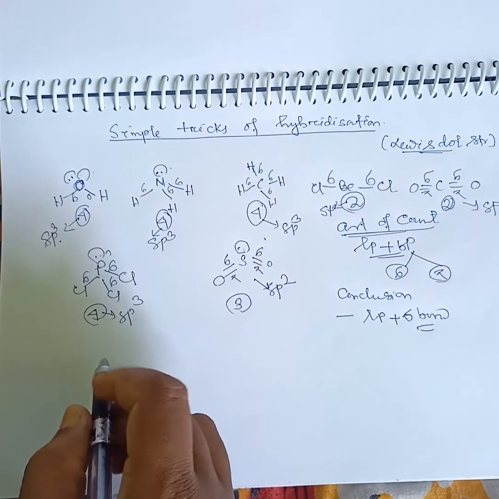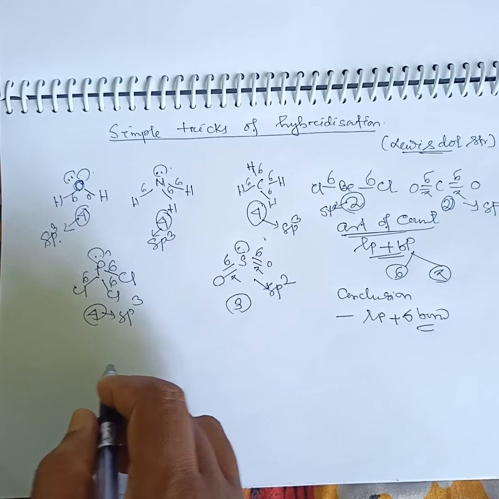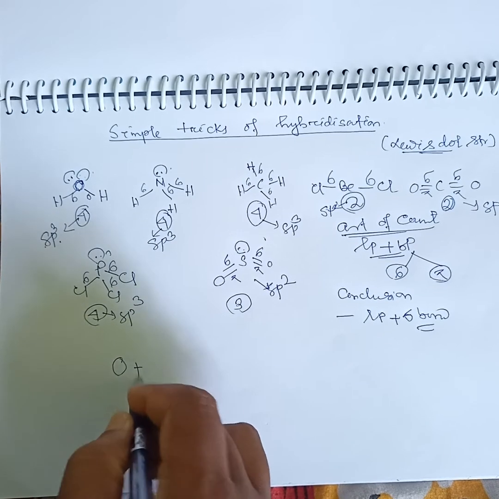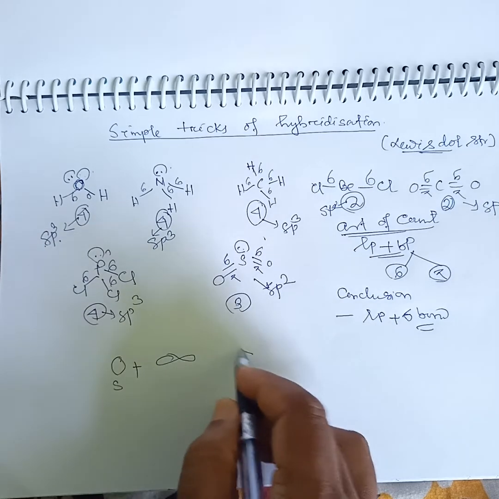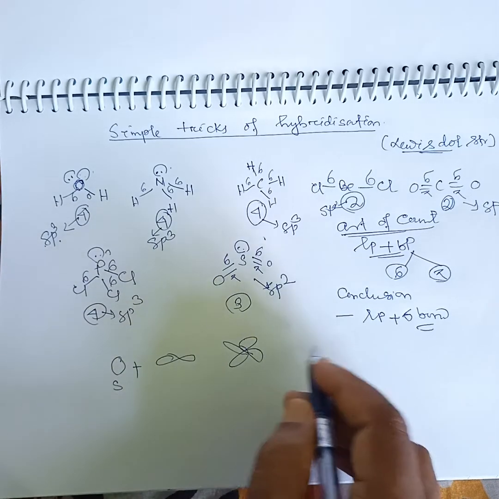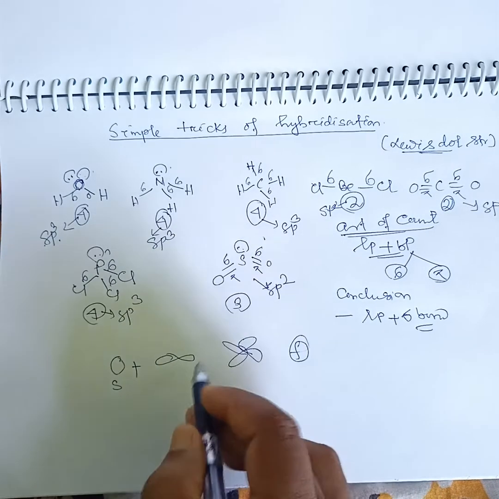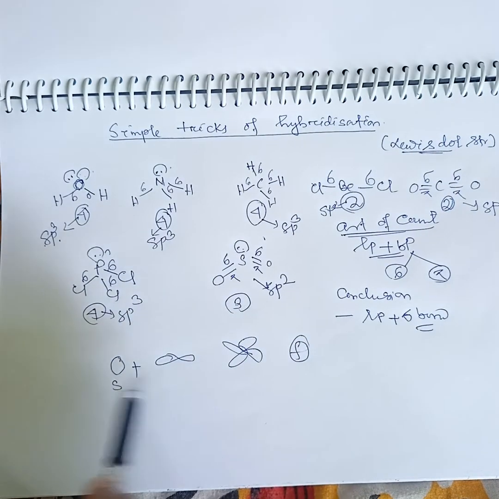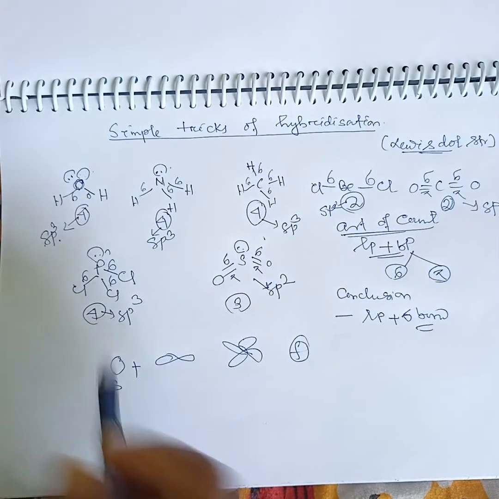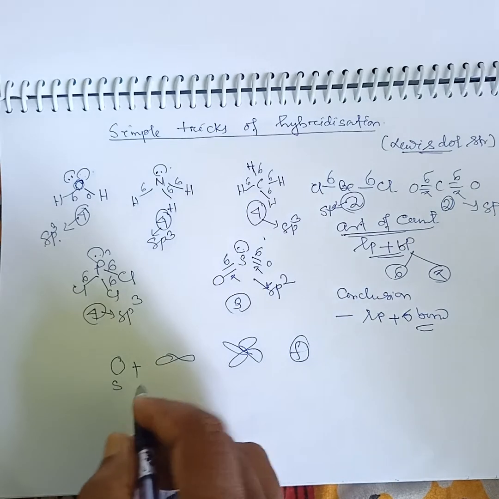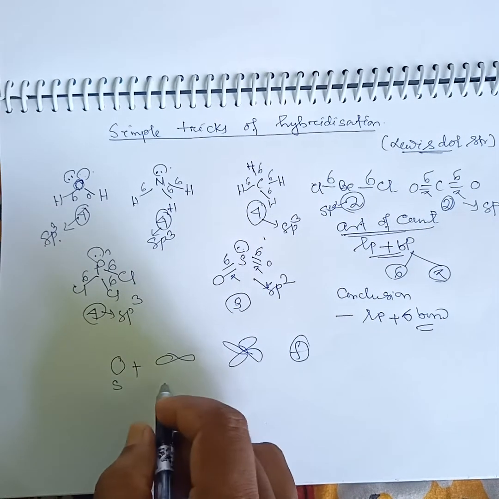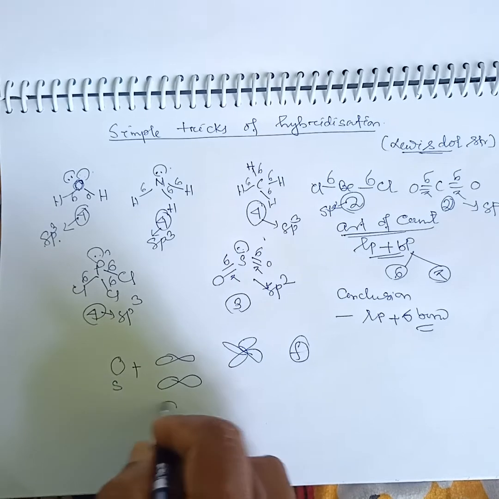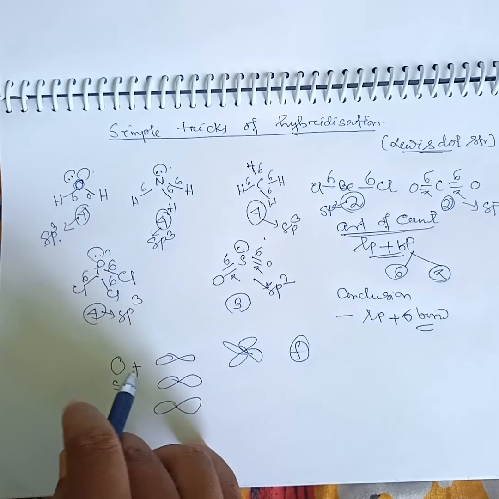From the concept of orbitals we know there are 4 types of orbitals: s orbital, p orbital, d orbital and f orbital. In the molecules we have discussed, only the participation of s and p orbitals takes place, because we know there are 3 p orbitals and 1 s orbital.